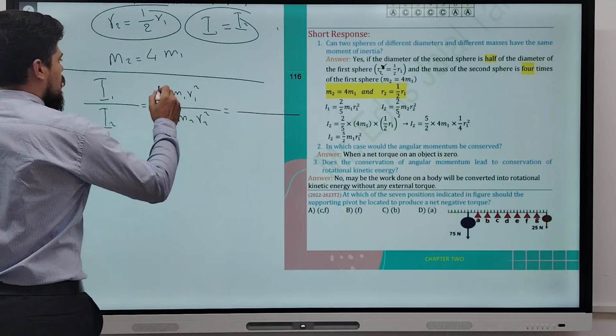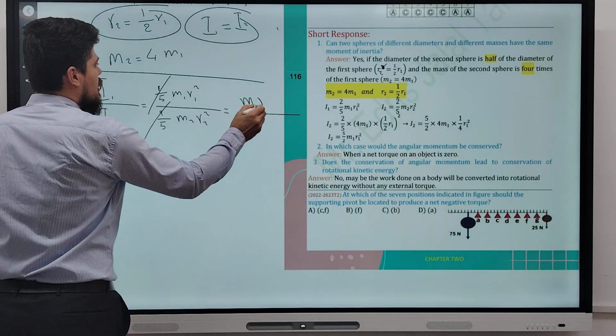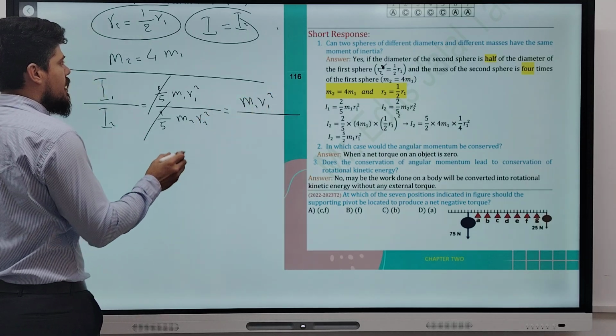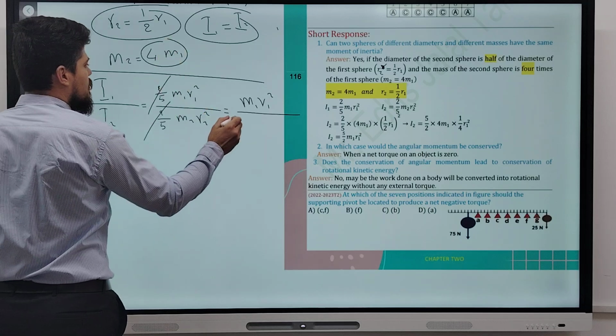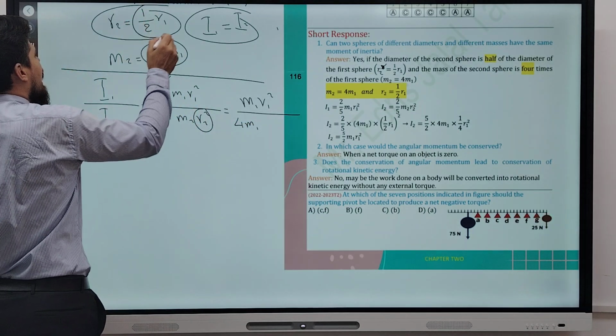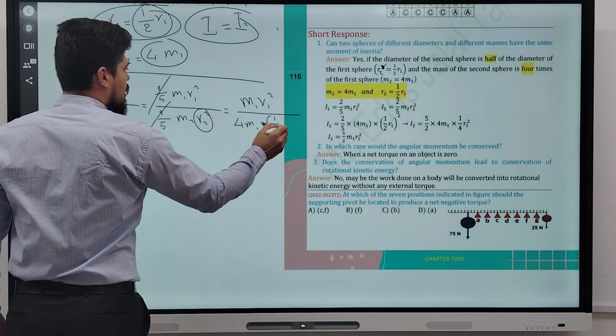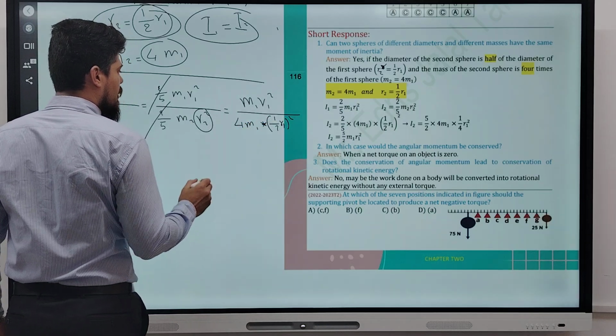Now replace: 2 over 5 with 2 over 5 cancel. M1 R1 squared remains. M2 is equal to what? 4 M1. R2 is equal to what? Half of R1, squared.